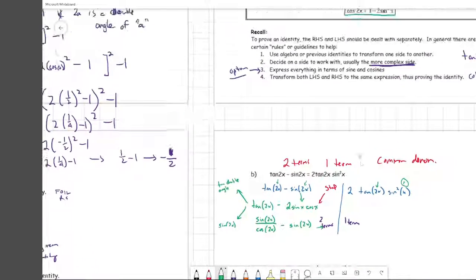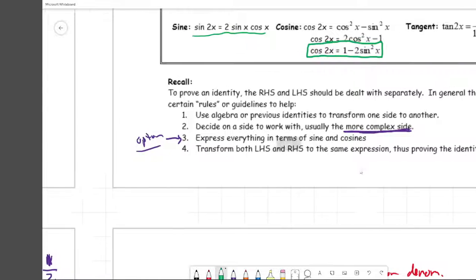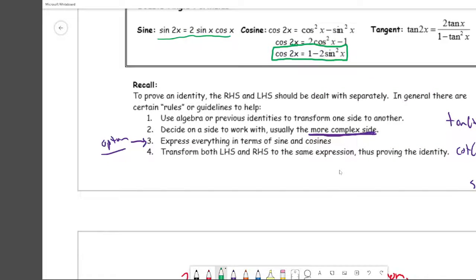As a sort of final thing, let's just go back to the idea of what are some of the things that are sometimes helpful if you get stuck, right? If you get stuck, usually working with the more complicated side is a good idea. Sometimes you can replace tan, cotan, secant, cosecant using all sine and cosine.